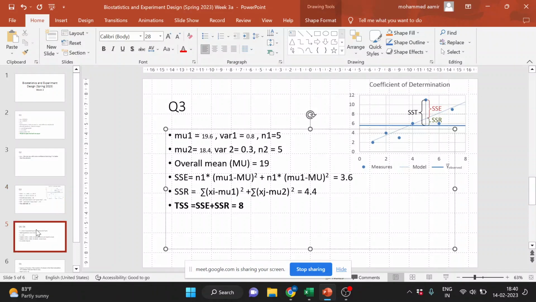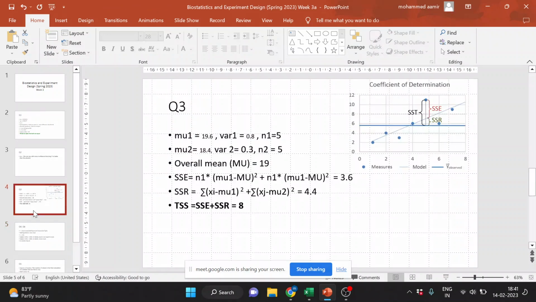Sir, the terminology you have written on the figure is SST, and in the questions it is written as TSS. What is the exact terminology we can use? I think this is more correct. People say sum of squares total or total sum of squares, which mean the same thing.